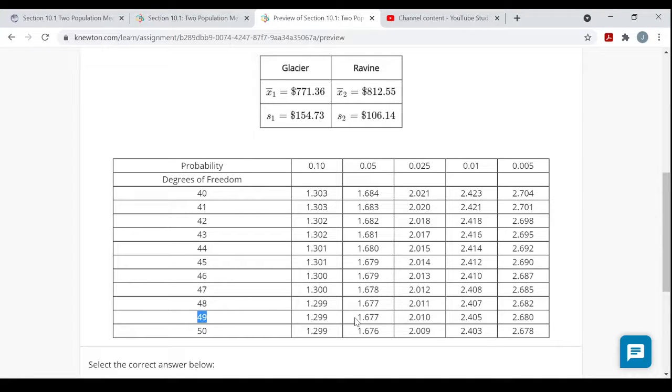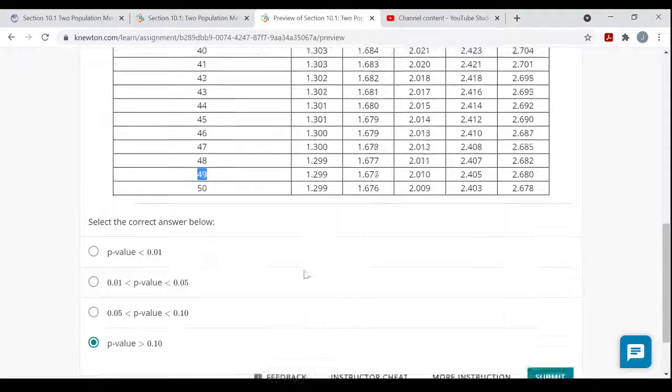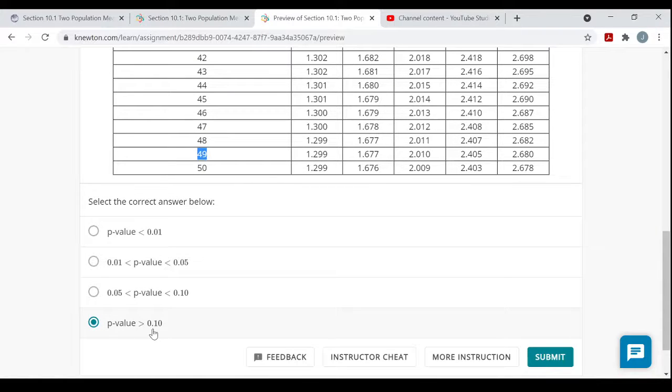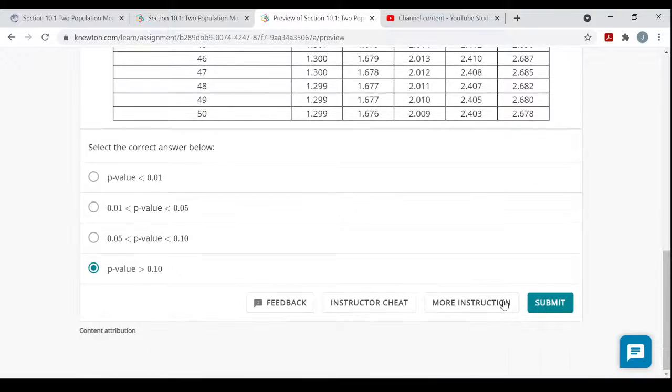So that means the area to the right of 1.55 would be between 5% and 10%, but then you've got to double that, because it's a two-tailed test. So between 10 and 20%, which, I said the p-value using my calculator was 12.8%. That's definitely between 10 and 20, or greater than 10. Right? So you can use a calculator, read the table, whatever.